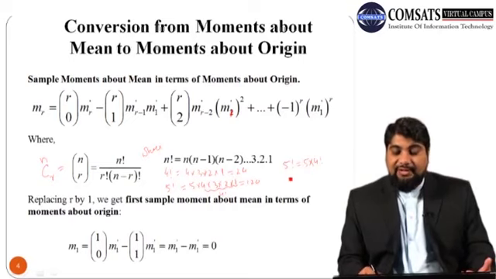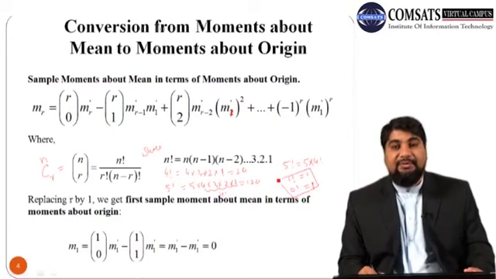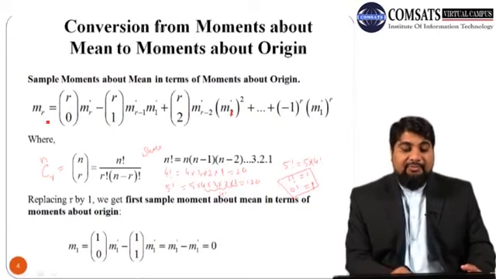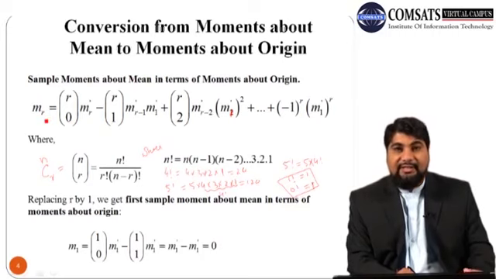So there is one important rule to note, that 1 factorial is 1 and 0 factorial is also 1. So these are two very important rules. So coming back to our main formula, mr, which is the rth central sample moment, it is rC0 m dash r, then minus sign rC1 m dash r minus 1.